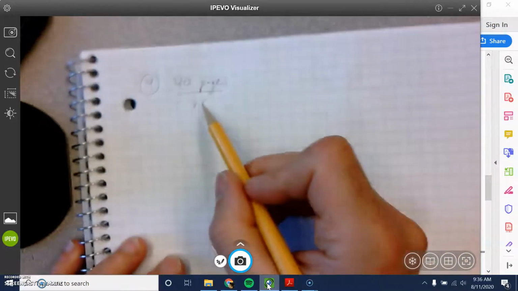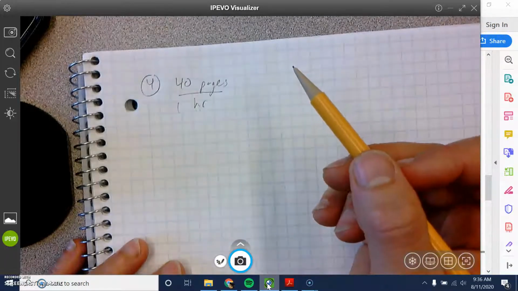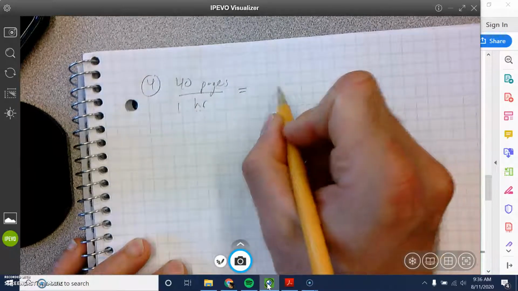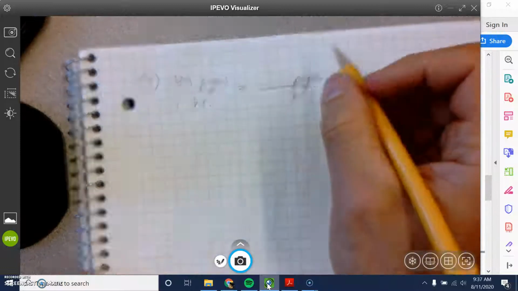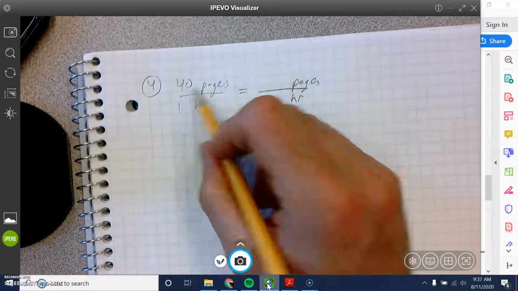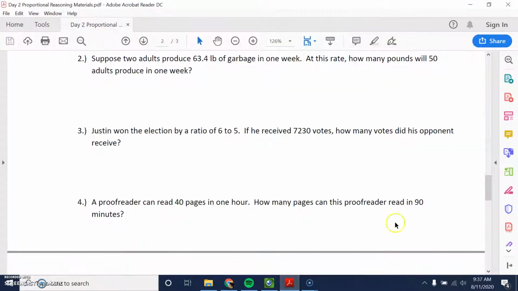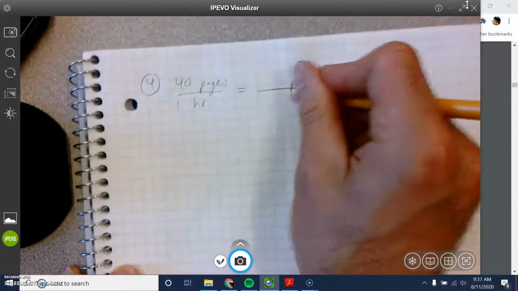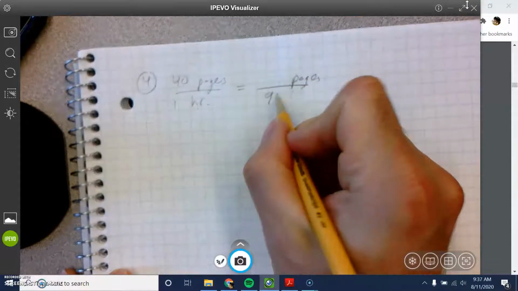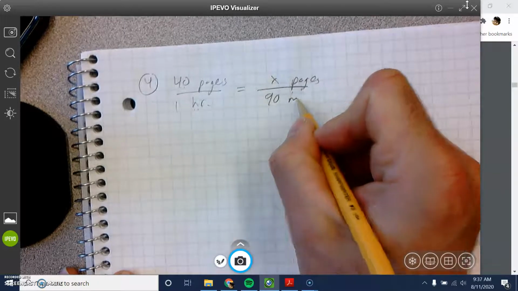So this is going to be your denominator here. So that makes sense. Denominator is your time. So pages across pages, hour across hour. So how many pages in, it says 90 minutes, right? 90 minutes. So it wants X pages, I don't know how many pages in 90 minutes.